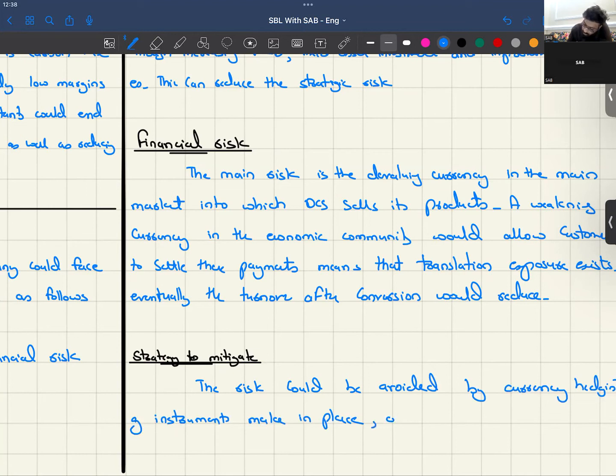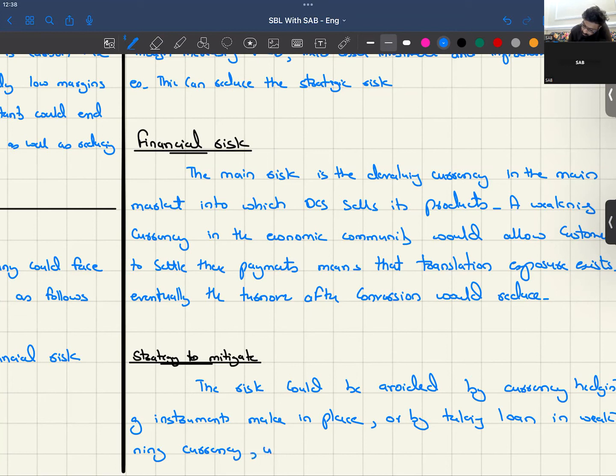Other could be taking a loan in weakening currency. If you can take a loan in weakening currency, then also your risk gets reduced, right? Using the payments from continental customers to offset the liability.